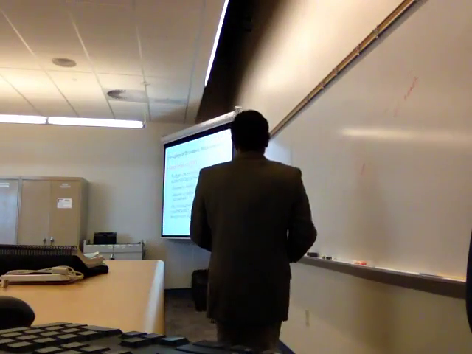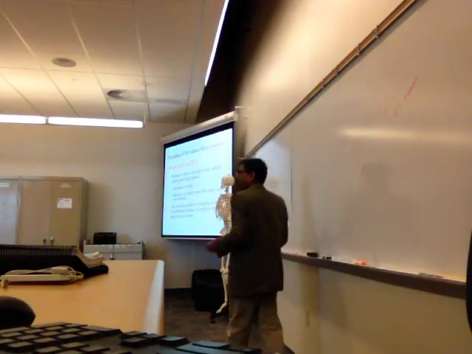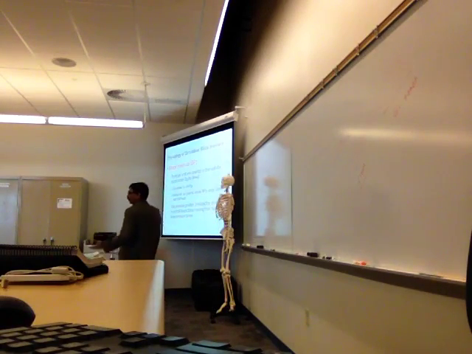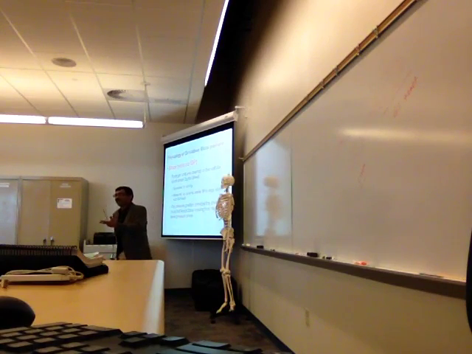Okay, now we'll talk about blood pressure. What is blood pressure? Its name is telling you what it is, right? It is the pressure of blood, where blood is inside the blood vessels.